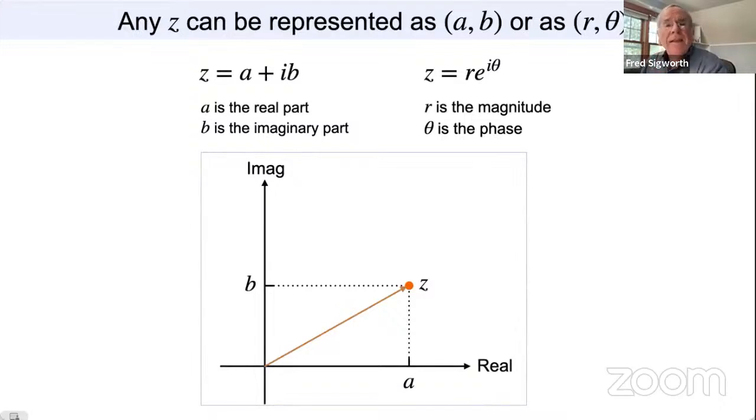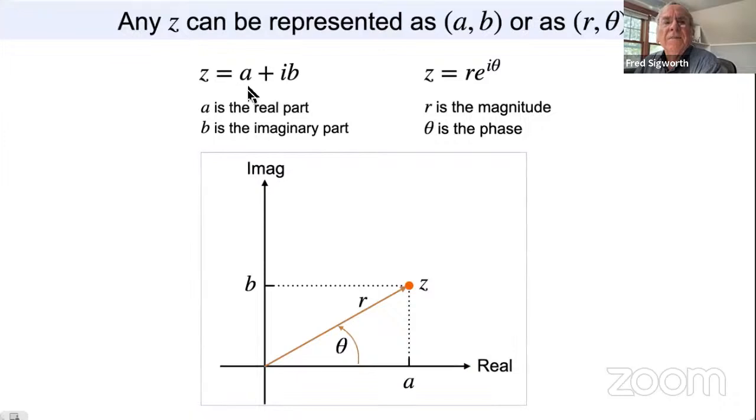Finally, any complex number can be represented 2 different ways. You can use the real and imaginary part in this complex plane, and there's our number. But another way of representing it is to say there's a phase angle theta and a magnitude, which is this radius r.